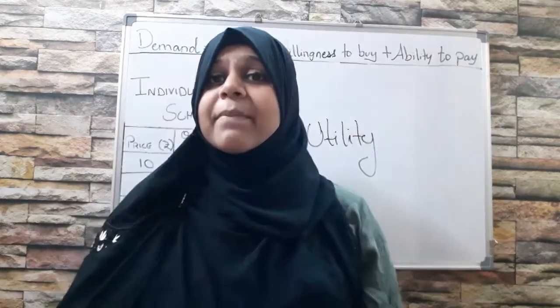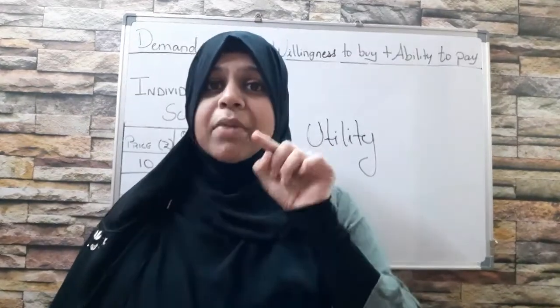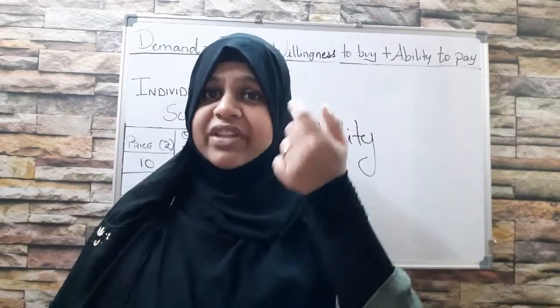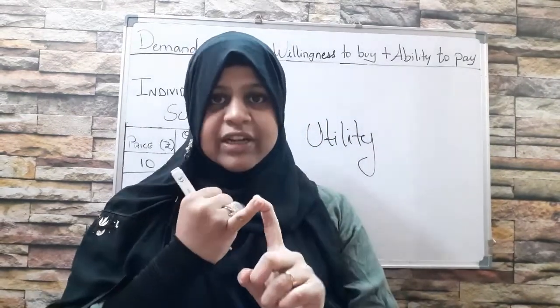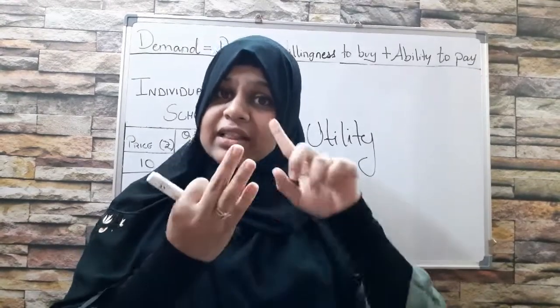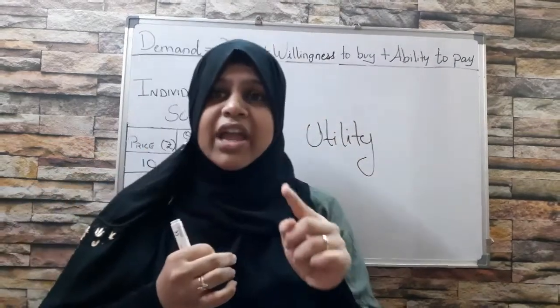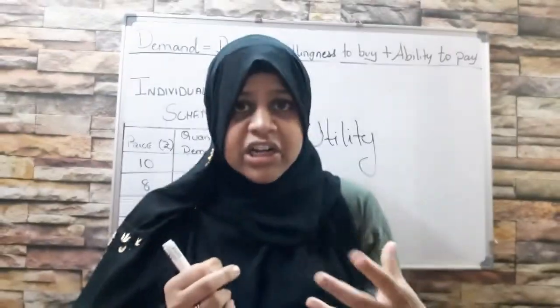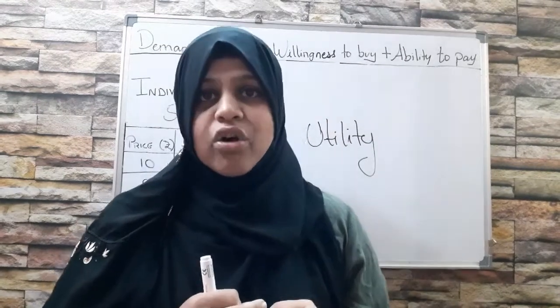What do you mean by the ability to pay? Ability to pay means your purchasing power, means you should have the money to buy it. The third thing that is required is the willingness to buy. You should have a big heart to spend the money that you have on the certain desire of yours.